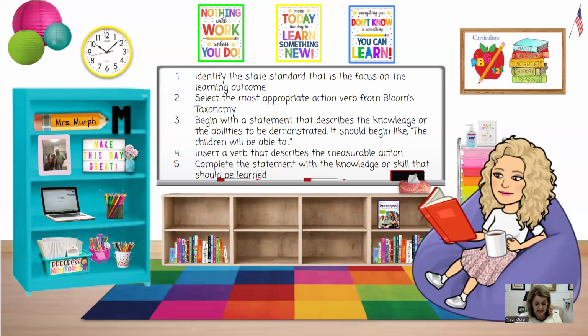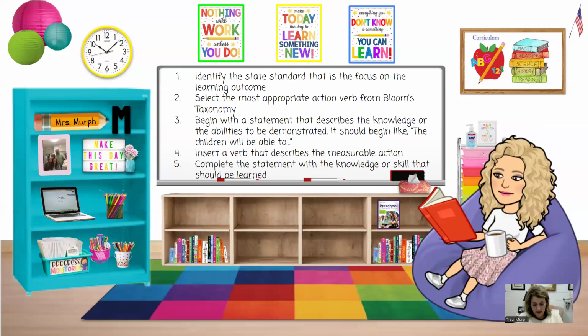So here are the 6 steps that we're going to follow when we are writing a measurable learning outcome. First, we're going to identify the state standard that's going to be the focus of our learning outcome. We're going to get that from the ACELS document, from the Alabama Early Learning Guidelines, possibly from a purchased curriculum that you might have.